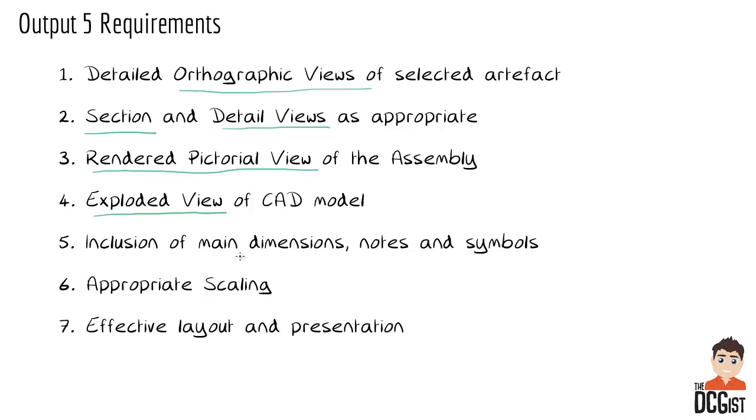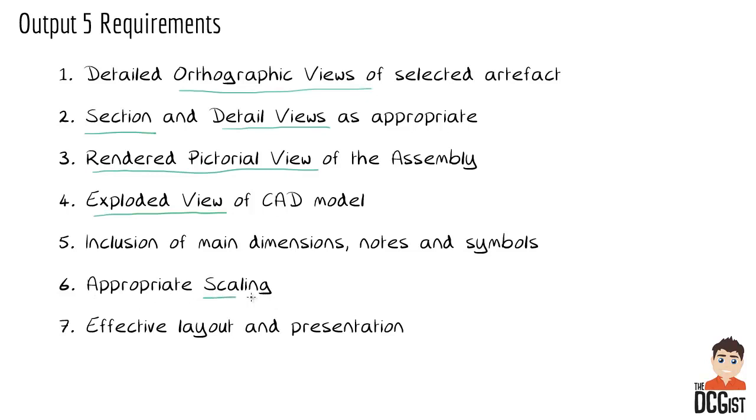In terms of main dimensions, they'll mostly be put in the orthographic views, but we could also put them in the exploded views as well. And then the notes, every view that you put in, you're going to have annotation, and any symbols we'll be putting into the sheet format as well. Then number 6 is we have to have appropriate scaling.